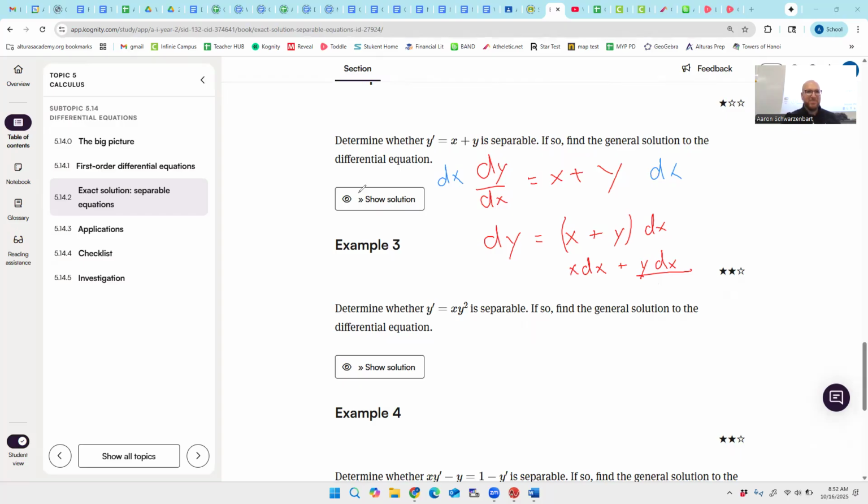Can't we just divide by y? I have to divide both parts by y. You cannot divide half of a side. You should divide everything on that side by y. So if I want to divide by y, then I have to divide this by y, and I haven't moved all the y's.